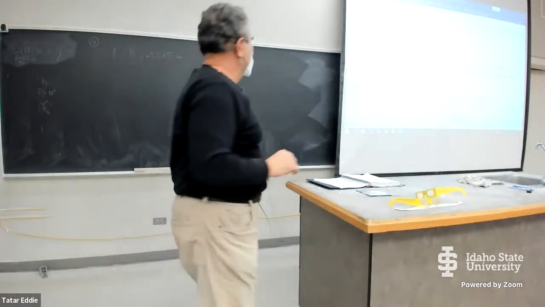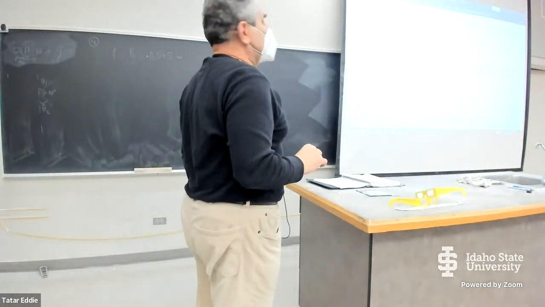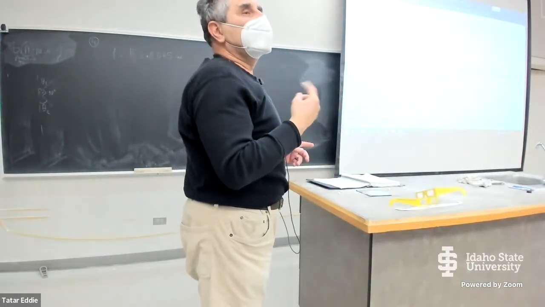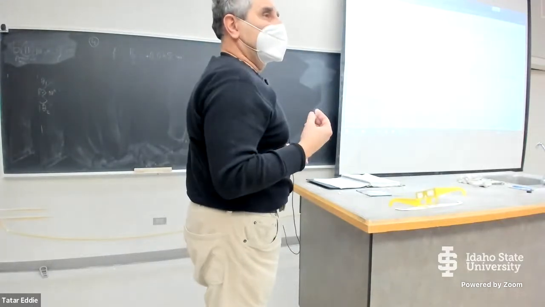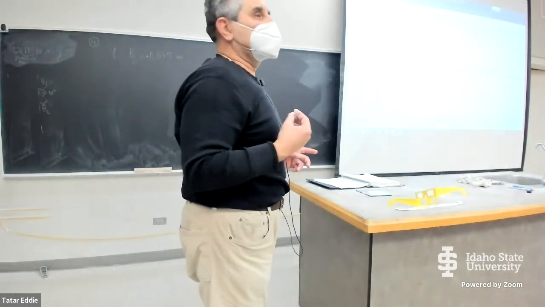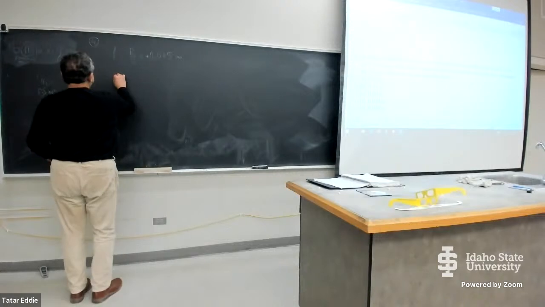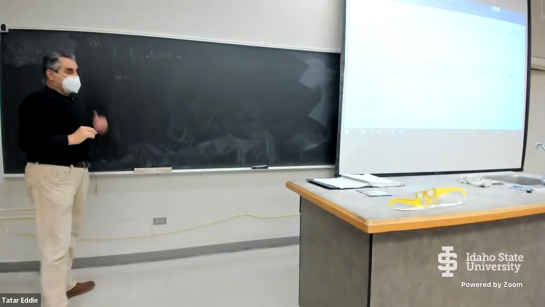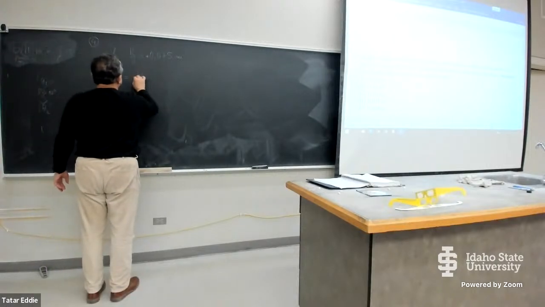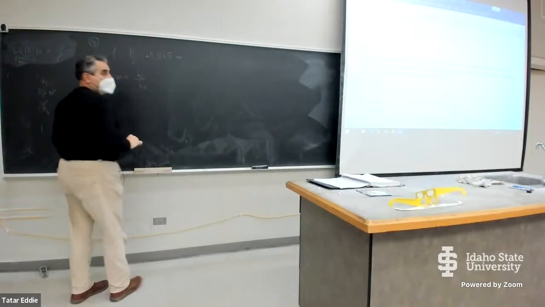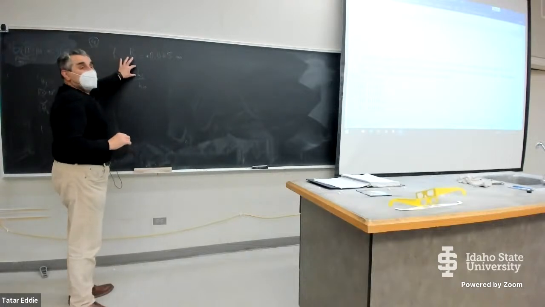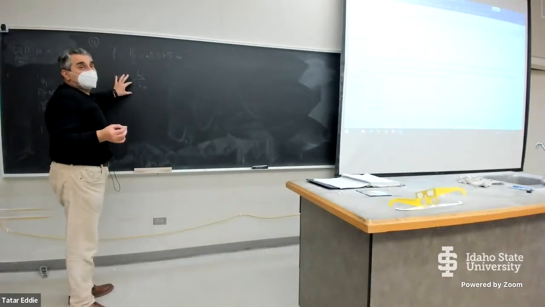Right? Well, the image is inverted, therefore HI has to be a negative number. But at the same time, they say that it is 3 times enlarged. In other words, the linear magnification, which is HI divided by HO, well, HI is negative, HO by definition is positive.